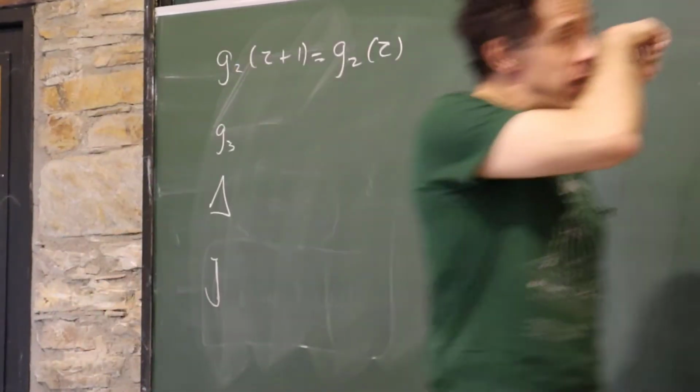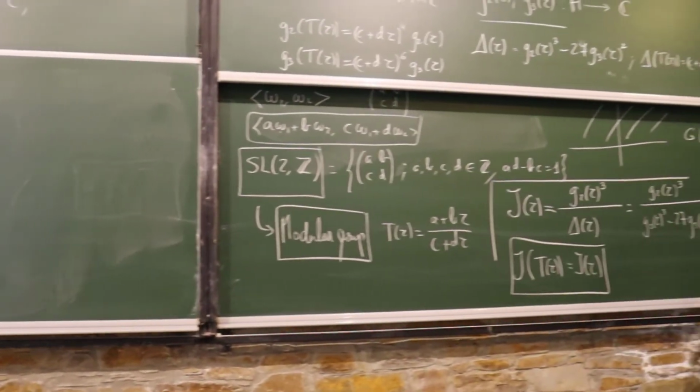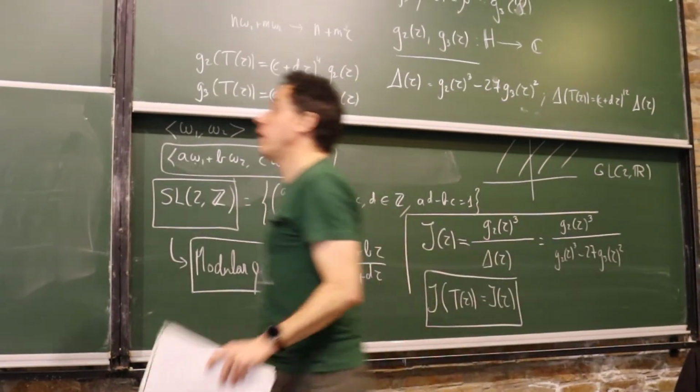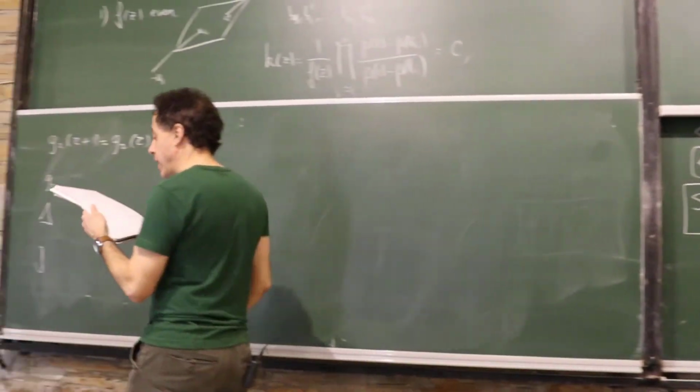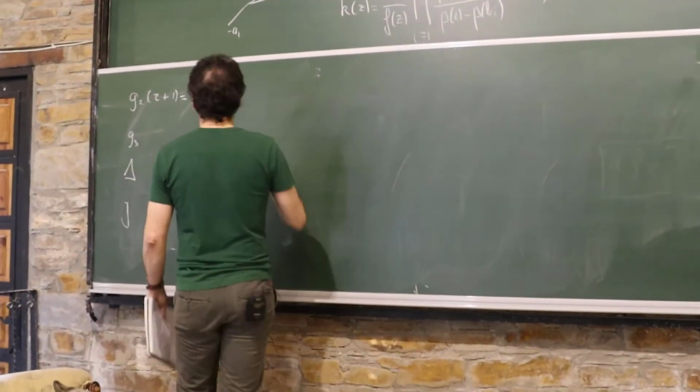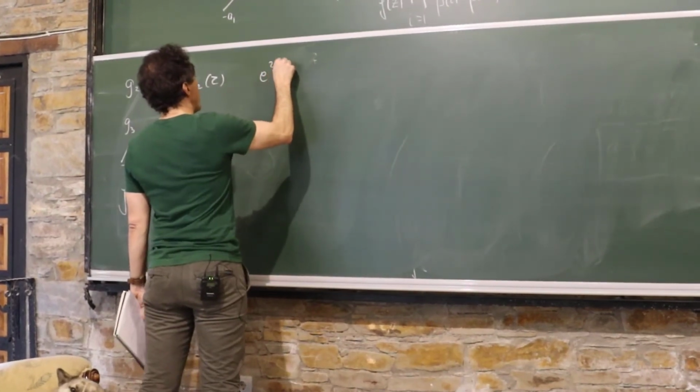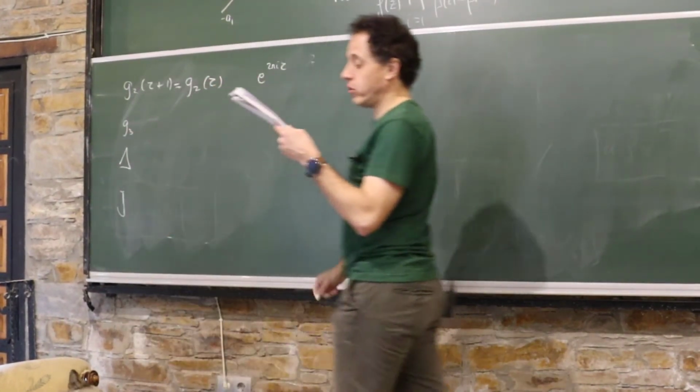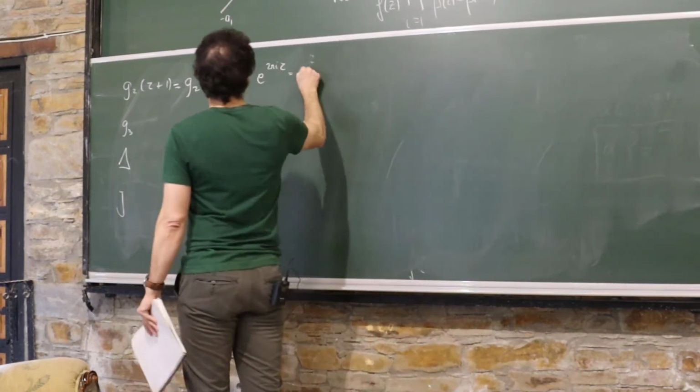This is quite easy to figure out from these equations here. If they are periodic of period 1, they can be written in terms of e to the 2 pi i tau, a new variable called q.